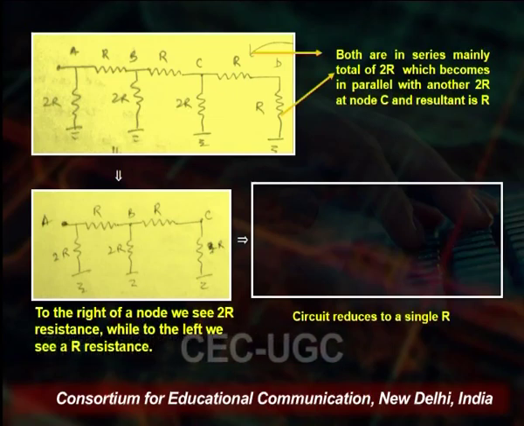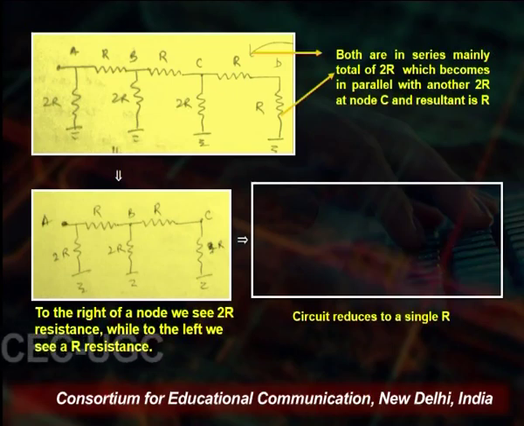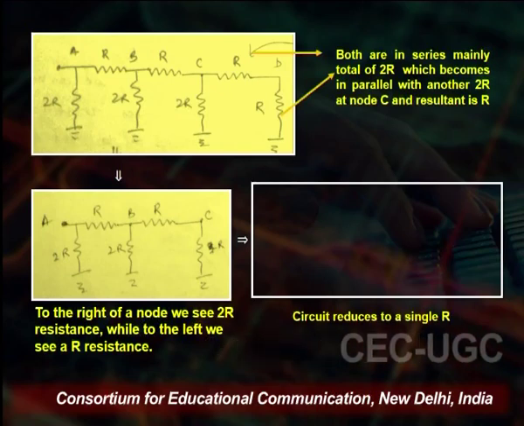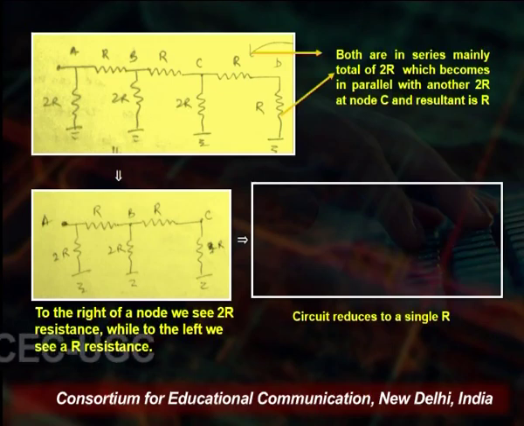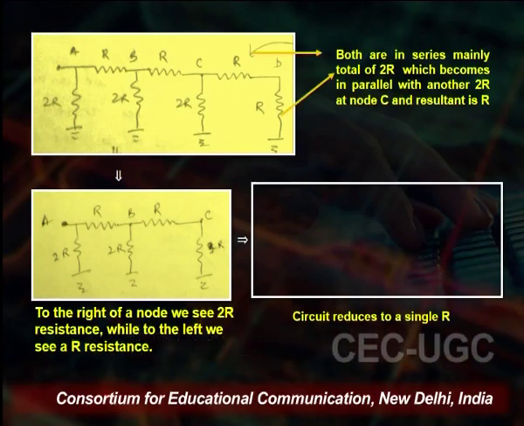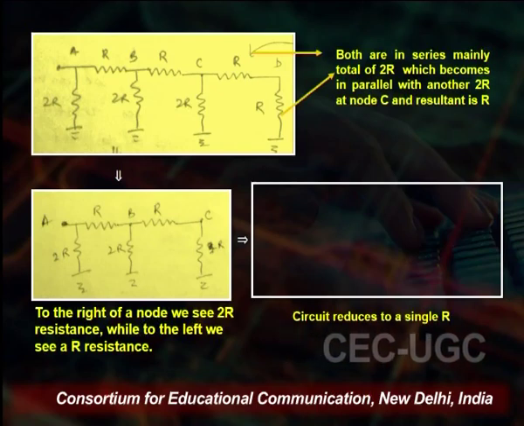These two R's shown in the top figure on the right are in series, and together they add up to form a 2R resistance. If we look at the node C, this 2R is in parallel with the existing resistance 2R. So, effectively the parallel combination of two 2R resistances gives us a value equal to R.